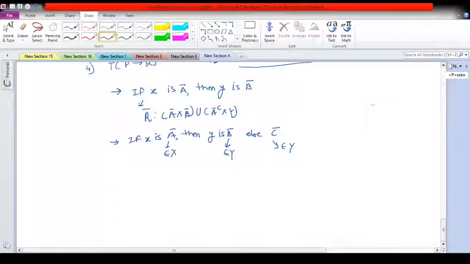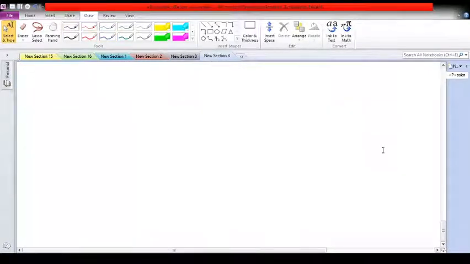Okay. Now let us find out the r bar in terms of the fuzzy domain with a specific example. So let me take two universal sets. One universal set is x, which is represented as, for example, 1, 2, 3 and 4.